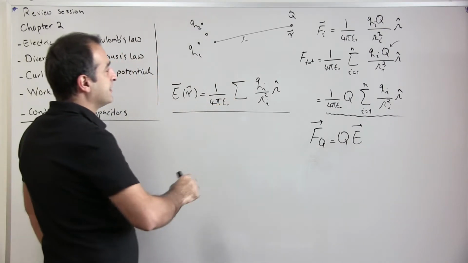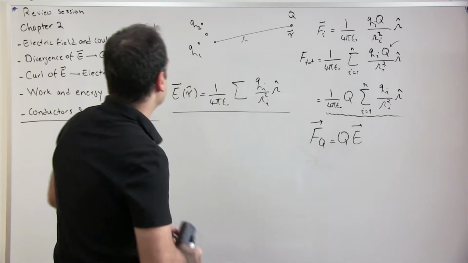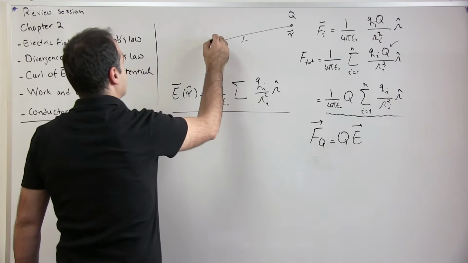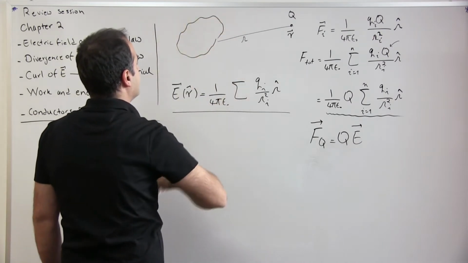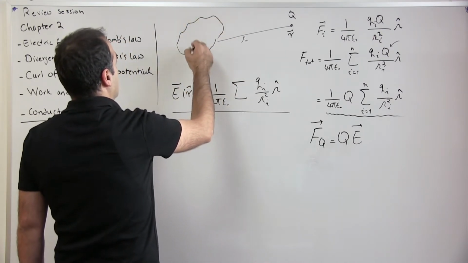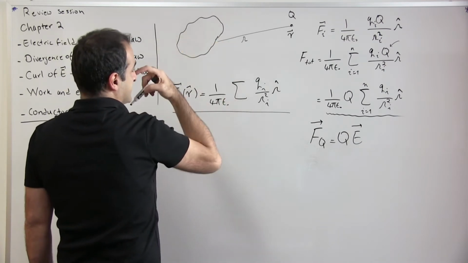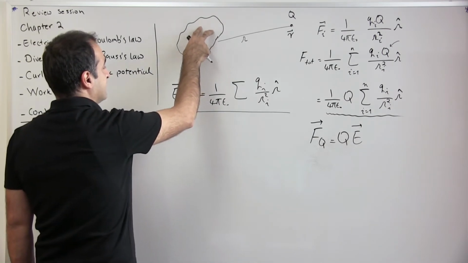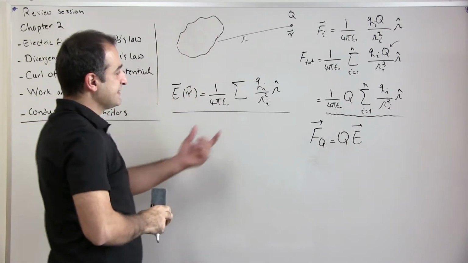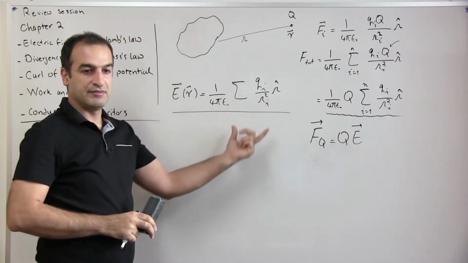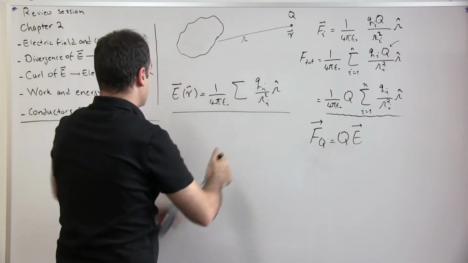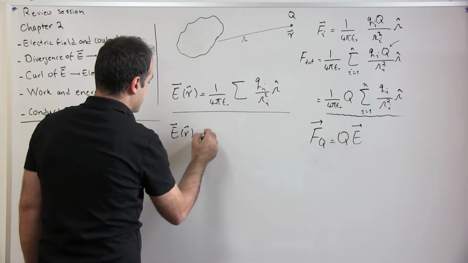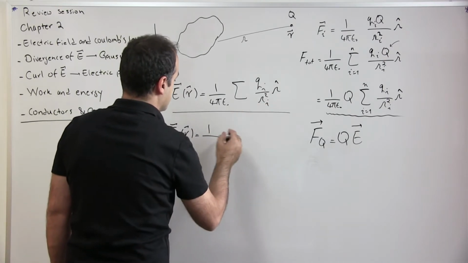What if we have a continuous charge distribution? Let's forget about these point charges, but let's imagine we have one random shaped material and then we have charge density inside this as well, maybe some surface charges as well. So how do we calculate electric field created by this one? This discrete type equation can be written in terms of continuous charge distribution. So for that matter, E of R, you can change this summation into an integral.